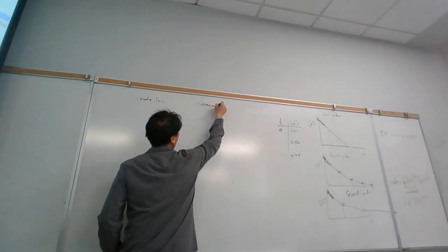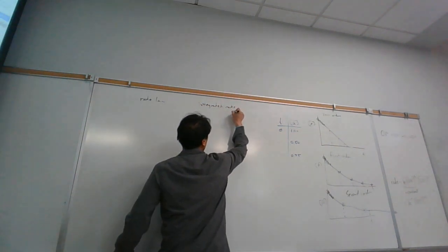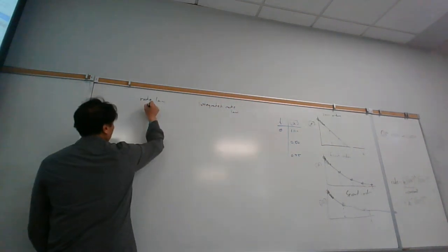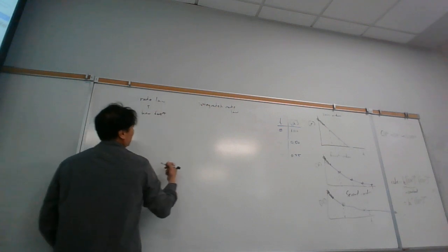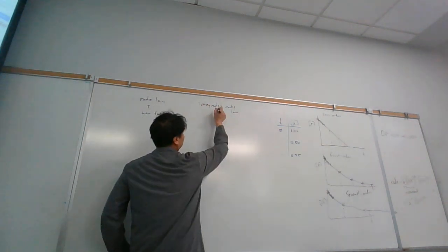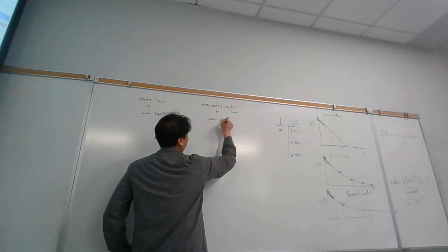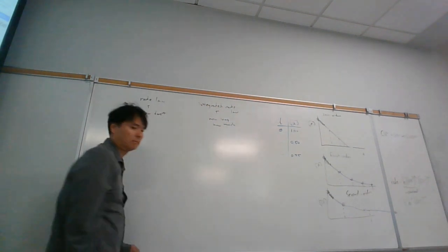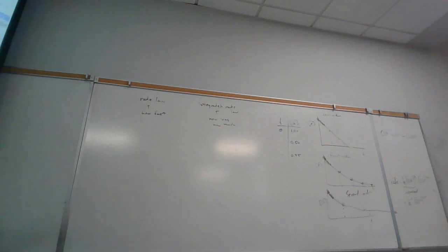The integrated rate law tells us how long and how much. The rate law tells us how fast. What is the slope? How fast at a given concentration. The integrated rate law tells us how long, how much was consumed in a certain time period.